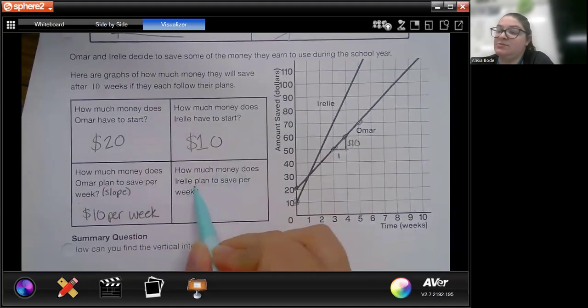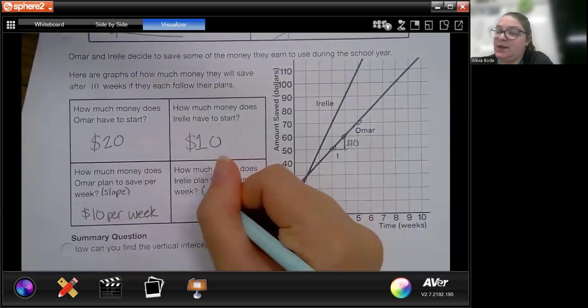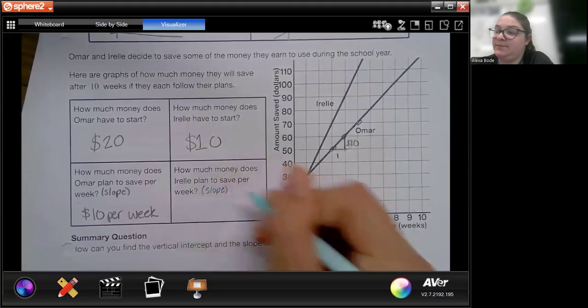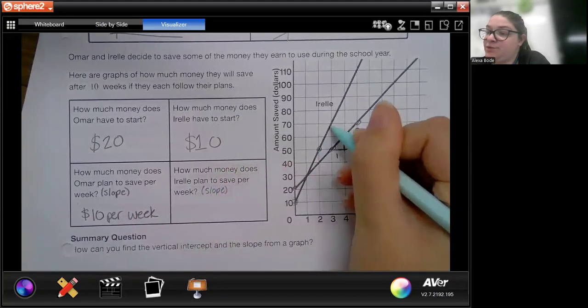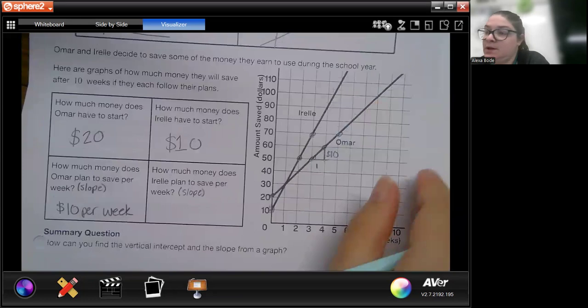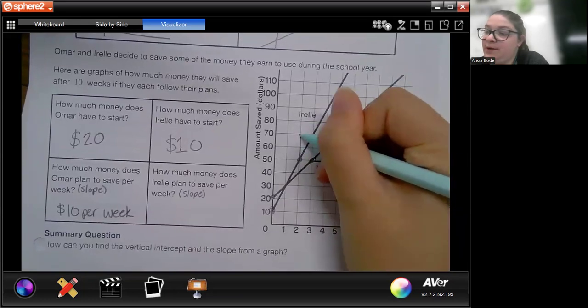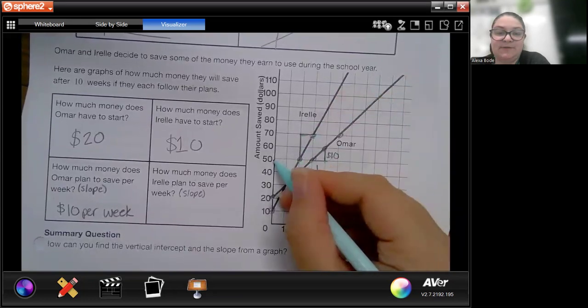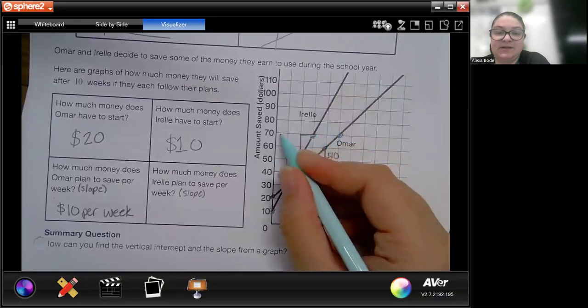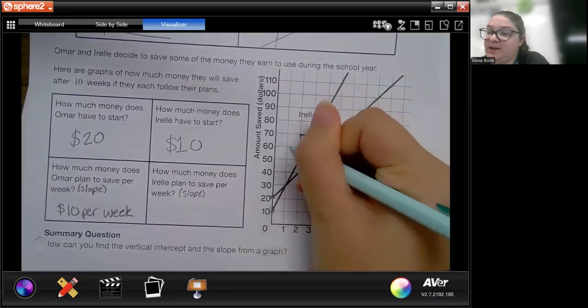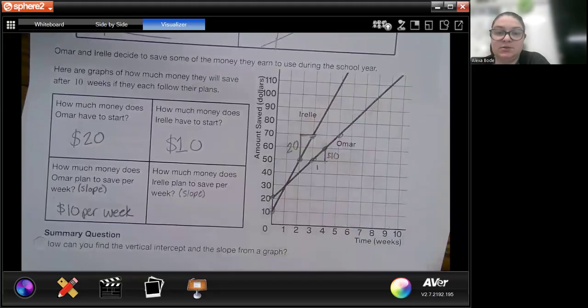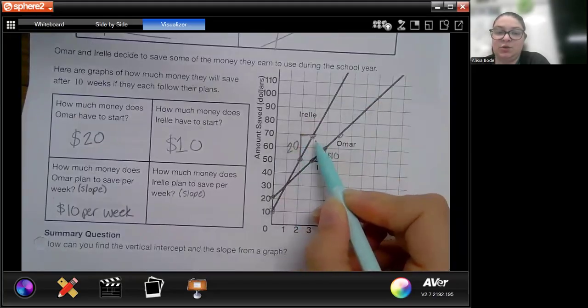How much money does Irel plan to save per week? Again, this is the slope for Irel's line. I'm finding 2 pretty points here. So if I pick these 2 pretty points, I can see this point is at 50, this point is at 70. So from 50 to 70, it went up $20. And week-wise, that's from week 2 to week 3.